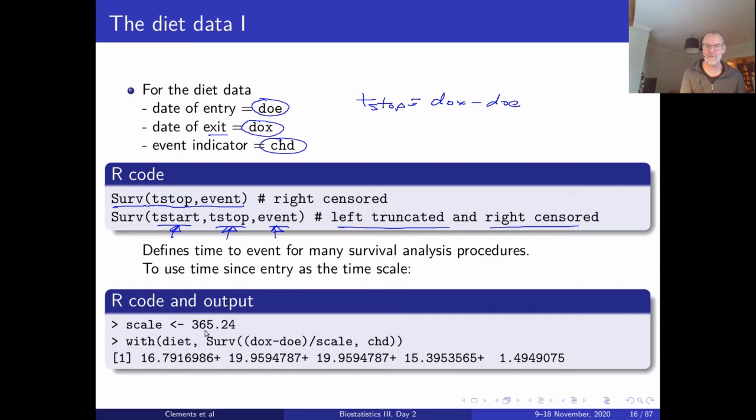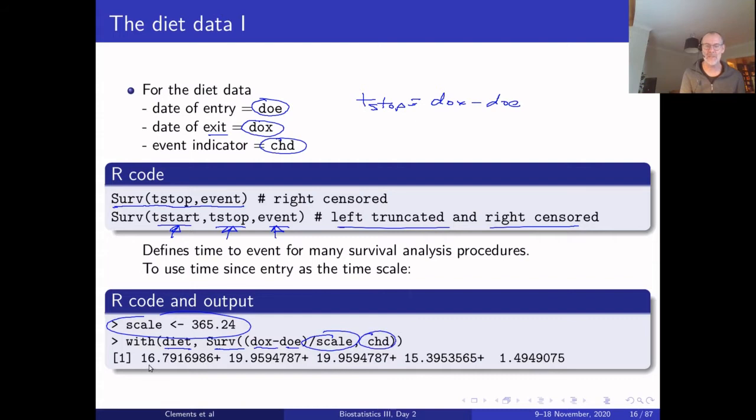To take this example further, if we assume that there are approximately 365 and a quarter days in an average year, with the diet data we can look at Surv for DOX minus DOE. This changes it from dates to years, with CHD as the event indicator.